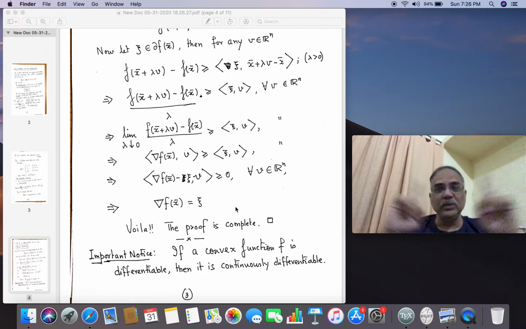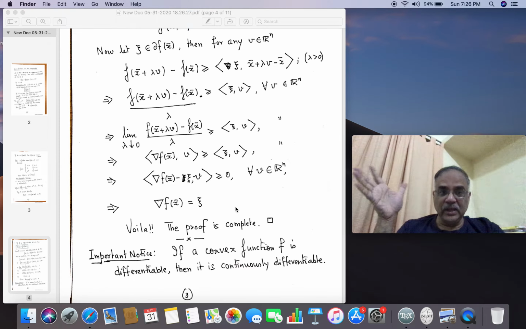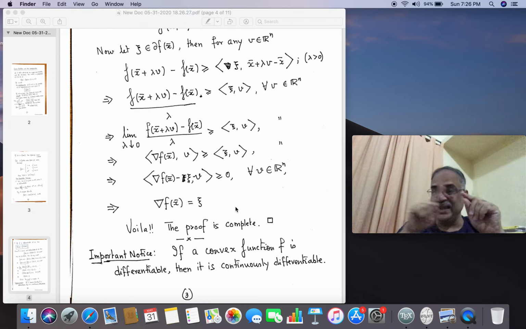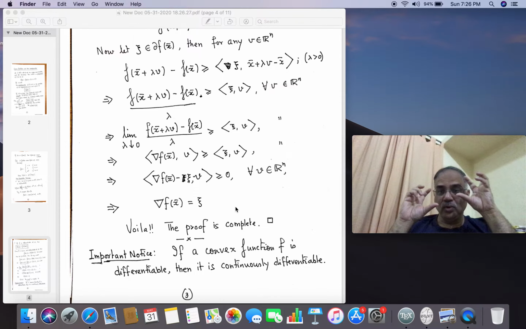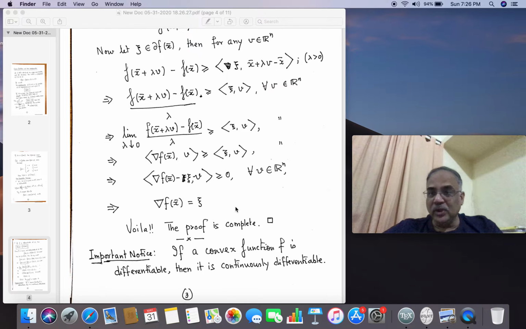A very important thing, for which we are not giving a proof, is to keep in mind that if a convex function f is differentiable, then it is continuously differentiable. That is, x to grad f(x), the gradient function itself, that is the partial derivatives of the convex function, they are continuous as functions of x1, x2, dot dot dot xn.